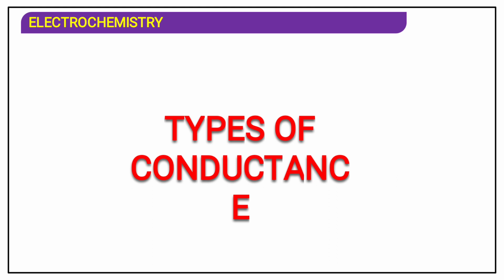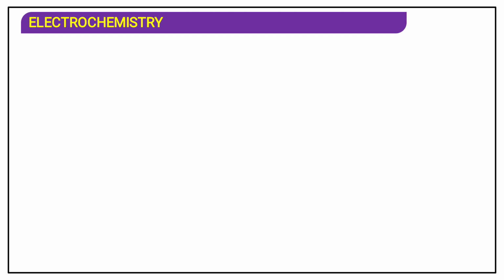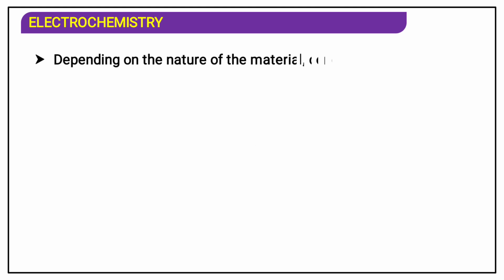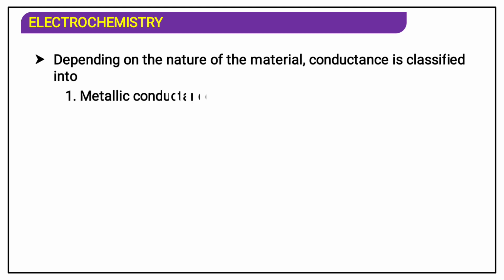Okay, let us go to the next one, types of conductance. Depending upon the nature of the material, conductance is classified. Previously we saw the different types depending upon the material; now depending upon the nature of the material, they are divided into two types of conductance.